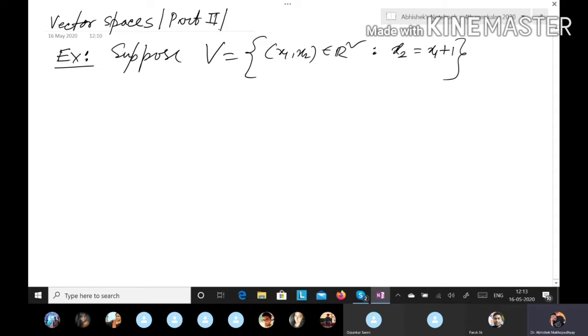So V is a subset of the plane R2, the two-dimensional plane, such that x2 is x1 plus 1. That is, we have considered a straight line not passing through the origin.